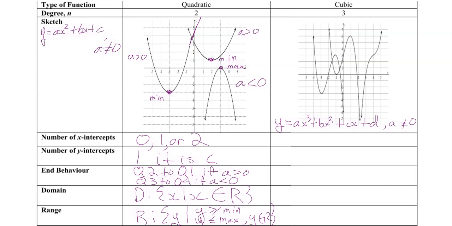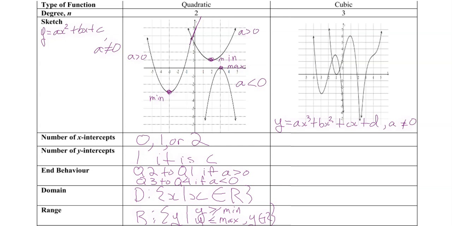So if a were 0, you would take out the cube term and you wouldn't have a cubic. You'd have a quadratic, or a linear, or a constant, right? Depending on b or c. So the characteristic for a quadratic is it must have an x squared. Characteristic for linear, it must have an x. Characteristic for a cubic, it must have an x cubed.